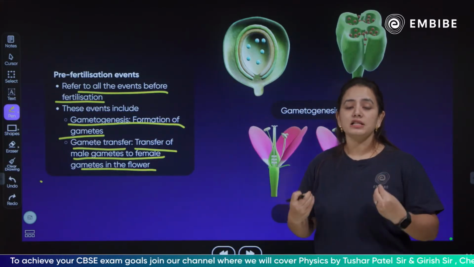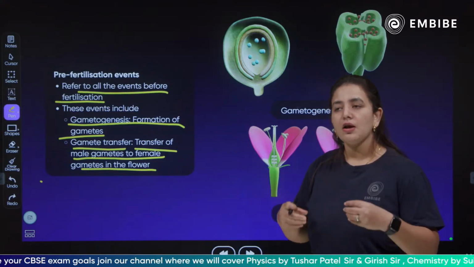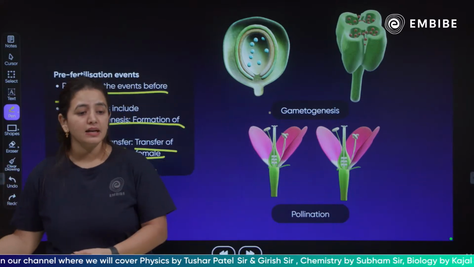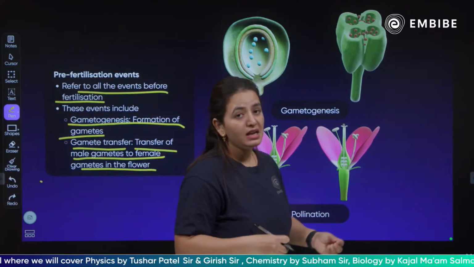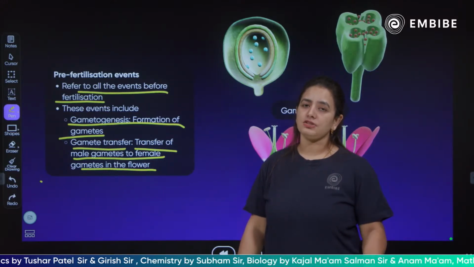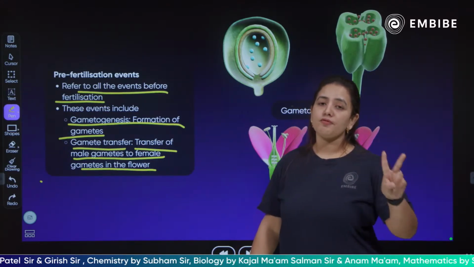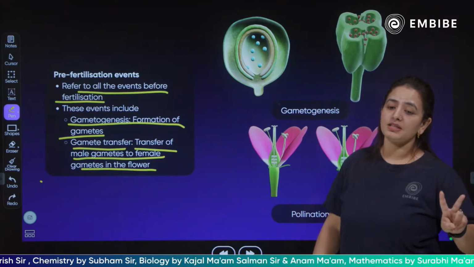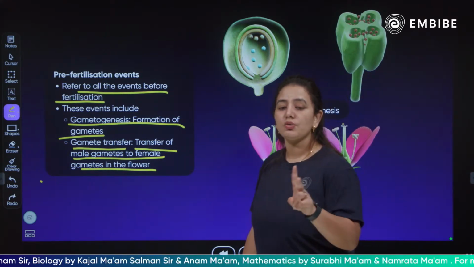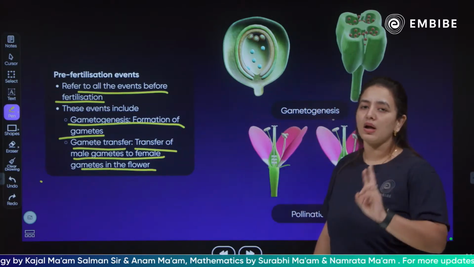These are the two pre-fertilization events that take place before the fusion of gametes. First you need to create the gametes, then you need to transfer them from one to another.